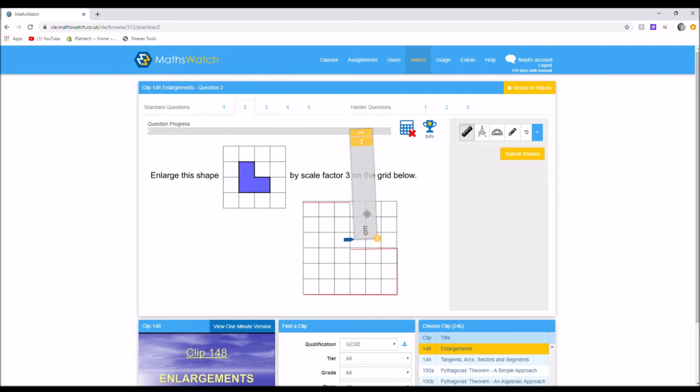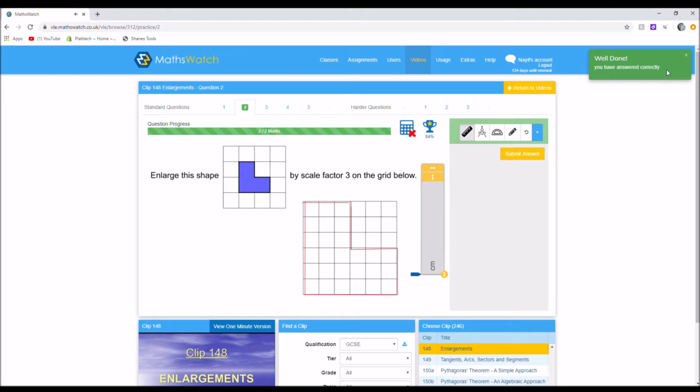Let me just draw this one again, seeing as it didn't draw. And draw the final line here to join everything up. And that should be correct. Let's just check. Yep, there it is.